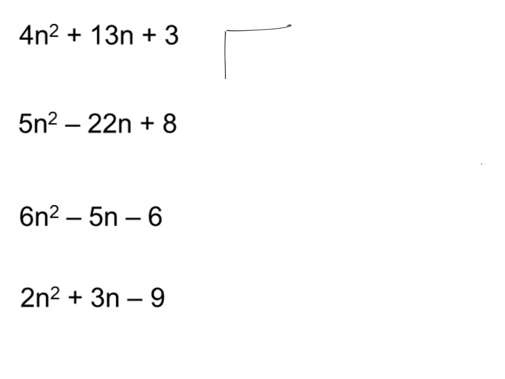We know the 4n squared would appear here in our grid if we were multiplying out two brackets. We know down the bottom right there we'd have a 3. And we know these two boxes here are going to have some n's in them, and they're going to have 13 n's altogether.